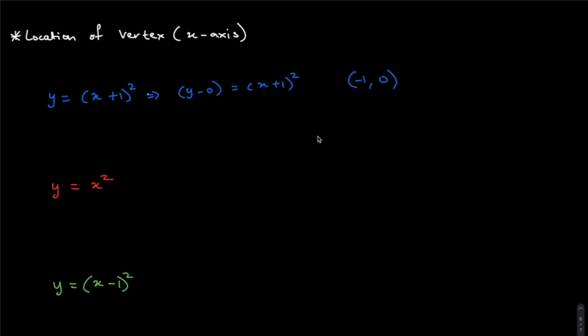Or if you want, you could have even seen this in the form of y is equal to 1 times x plus 1 whole squared minus 0, where my h is -1 and my k is 0, right? Doesn't matter, it's the same thing.